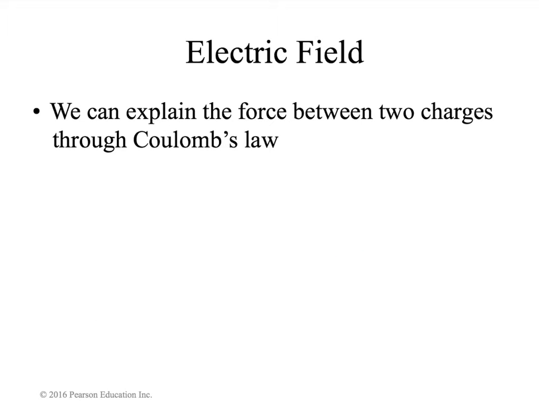So, now let's start talking about the electric field. So far we've said that if we have two charges, Q1 and Q2, and let's assume they're both positive, Coulomb's law allows us to explain the force that exists between them.